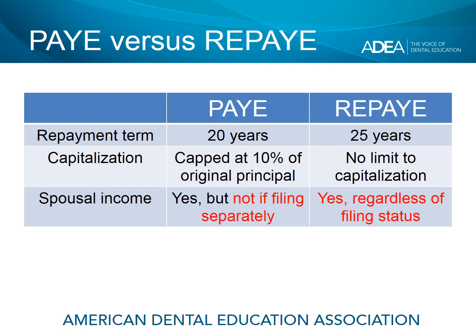It will be listed under your adjusted gross income on your tax return. However, with PAYE, the original plan, if you file separately, spousal income is not included. But with REPAYE, spousal income is included in the calculation of the payments regardless of filing status. So very important difference for married borrowers.